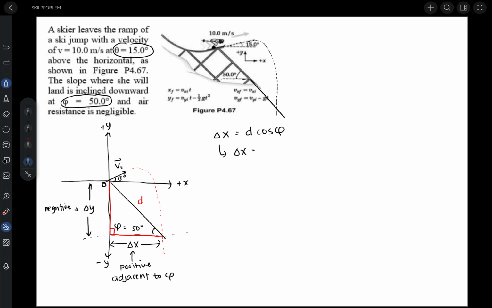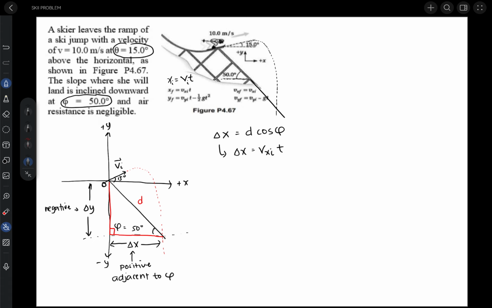We know that our position is the same as the product of velocity and time, and that is the same for the initial velocity in the x direction. So for delta x, we'll have vxi times t.